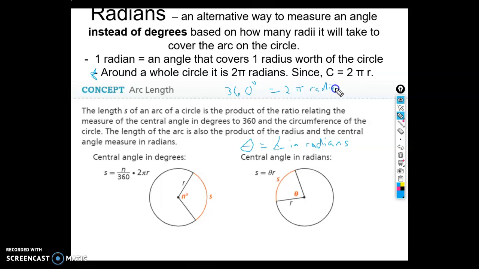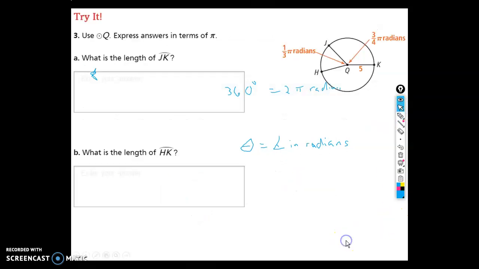And so, in essence, this is just converting degrees to radians, all right, and then you're getting this simplified formula. So it's actually easier to find arc length if you're given an angle in radians. So let's do a problem here showing you that.